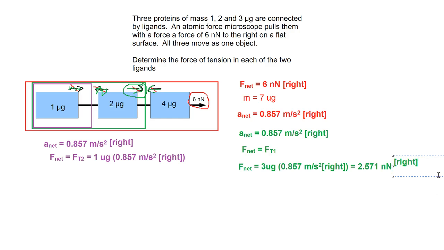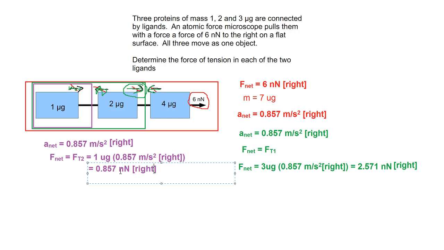There we go. Now, with that being said, you can just multiply this out. It's not particularly difficult to do. The unit ratio still holds true. So you'll be left with 0.857 nanonewtons.